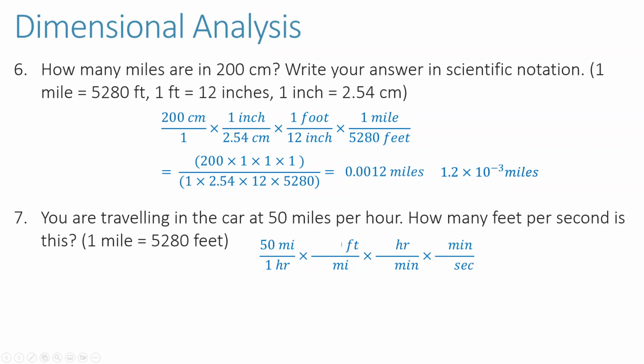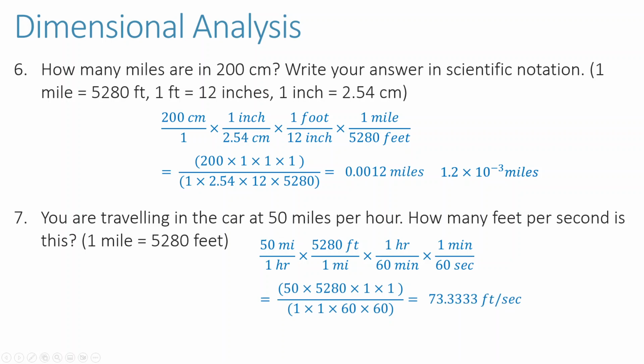Notice that we put minute on top this time so that it would cancel out the minute that's on bottom in the term below. So I'm going to go ahead and fill in some numbers here. We know that 1 hour is 60 minutes and 1 minute is 60 seconds. And so the only units that haven't canceled are feet and seconds. So my answer here is going to be in feet per second.